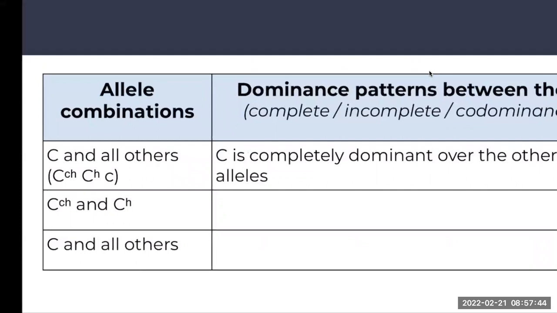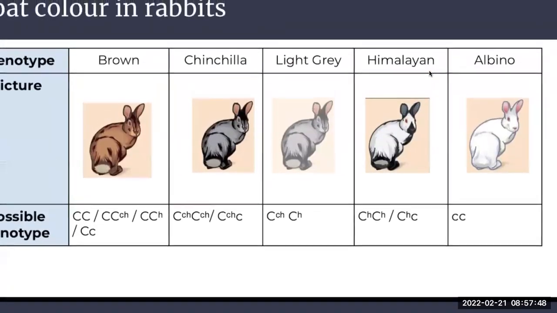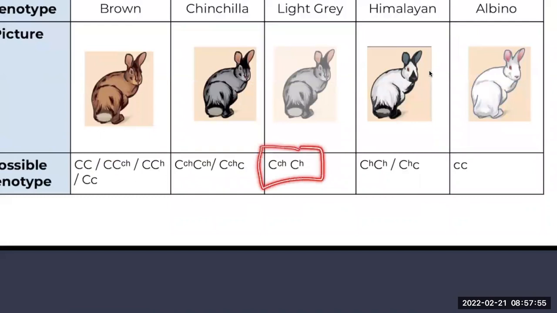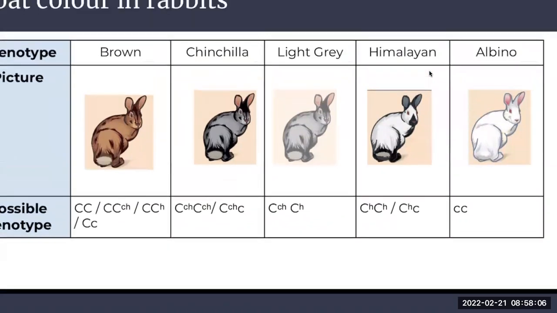And then between the C H and the H, because we have 2 other variations, whenever they are together, this is the only phenotype that is being generated. If you think about it, what type of relationship do you think this one has?